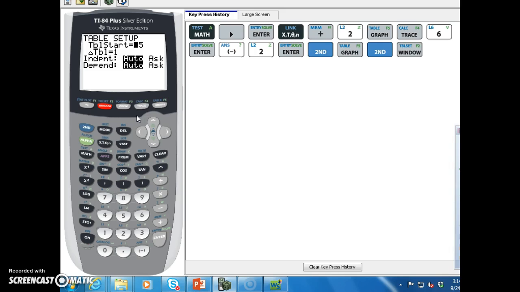Okay? So that's ways that you can get your graph. Go ahead and plot your points and draw your graph. Because next week, on your graphing part of your test, you just use your calculator.